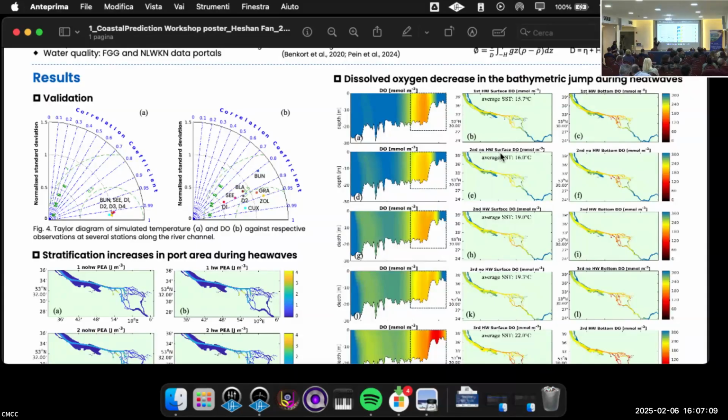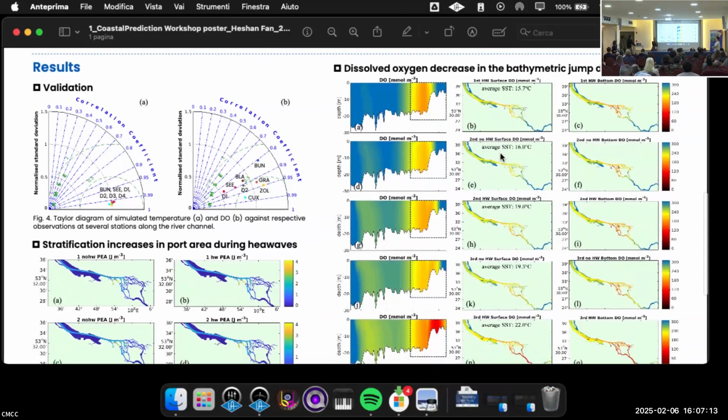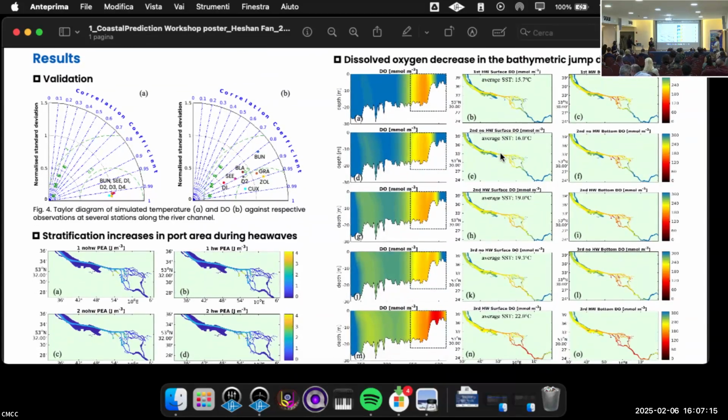And the PCA shows that heatwave events exacerbate the stratification in the water column, and that results in lower DO levels or even hypoxia zones in the bottom water. That's all. Thank you very much. If you have any questions or suggestions, we could discuss later. Thank you again.